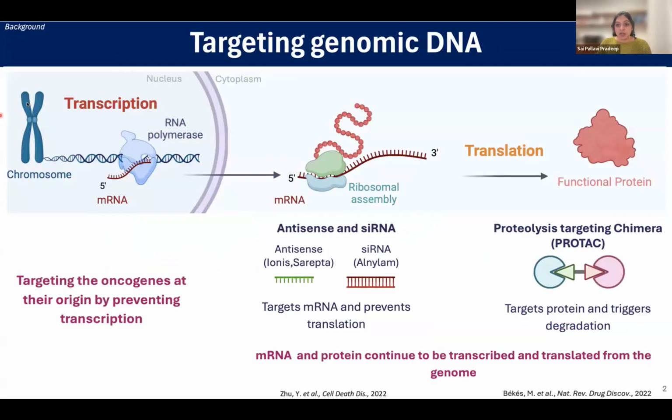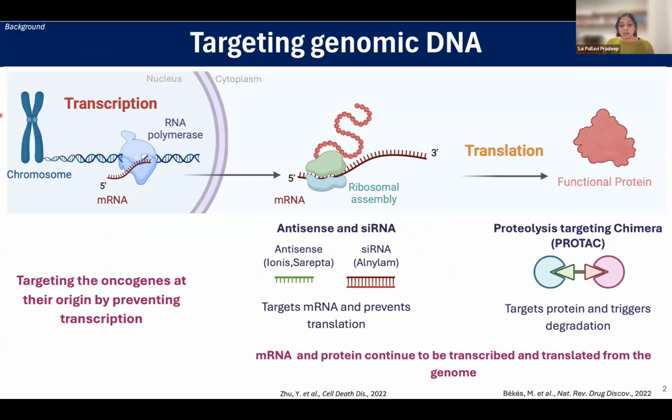So it has been known that one of the hallmarks of cancer is sustained proliferation of cancer cells, and this is often achieved by the overexpression of oncogenes. Now, therapies that target the overexpressed oncogenes, along with the chemotherapeutic drugs, have helped in improving survival outcomes in cancer patients.